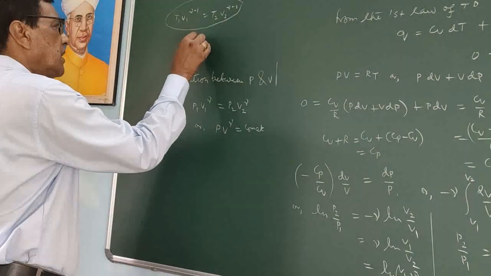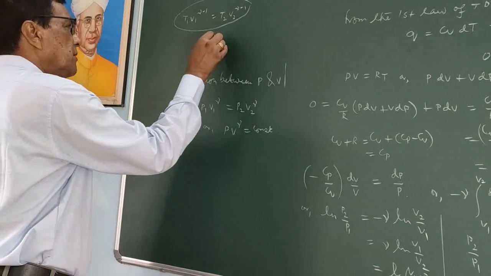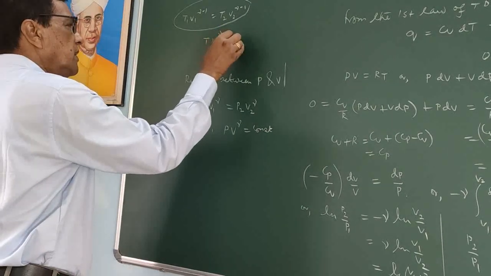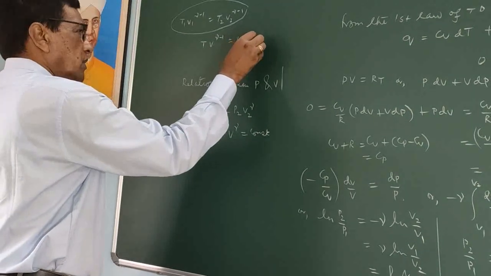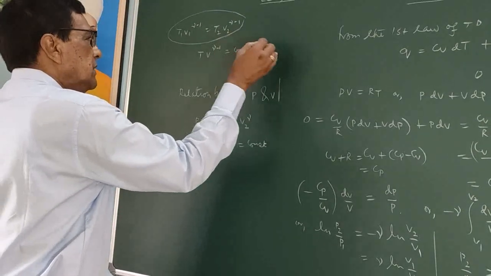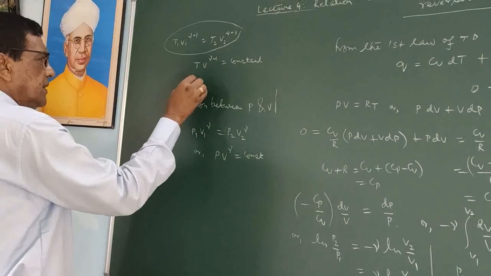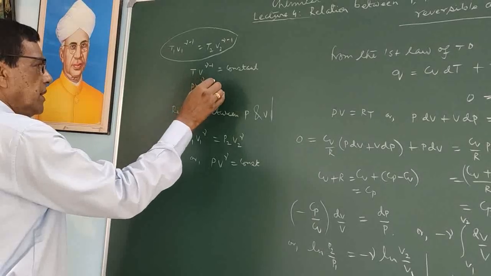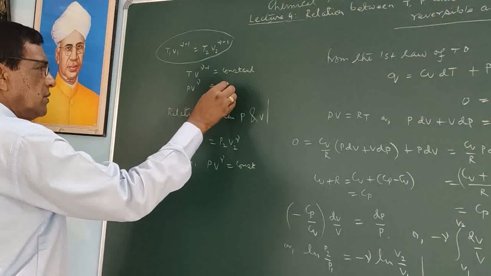Here also, similarly, T V to the power gamma minus 1 is also equal to constant. So this second part, PV to the power gamma is equal to constant.